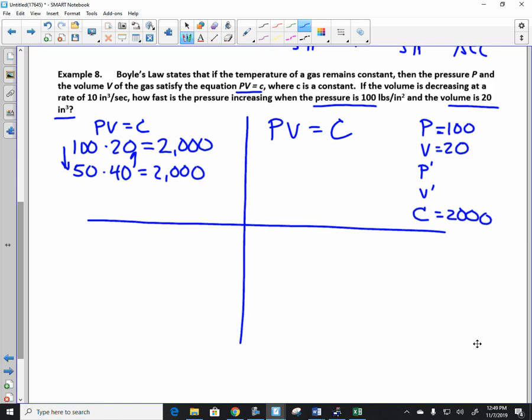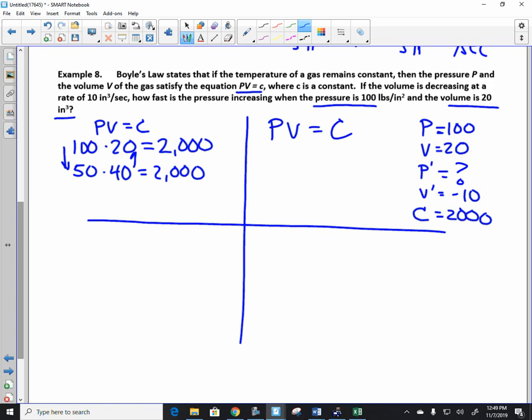What else do we know? Close. -10. It is decreasing. Would you agree we're looking for P prime? If P is changing and V is changing, then we have to make sure that those stay within our problem right now. And watch what happens when we take this derivative.